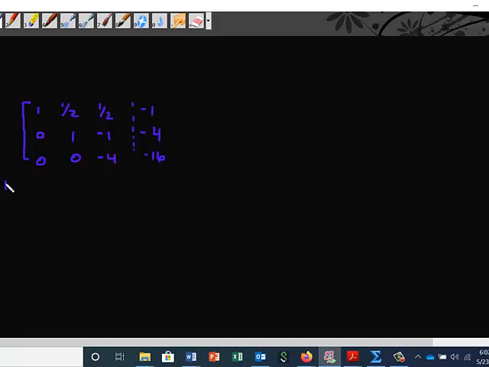So we said that we would divide row 3 by negative 4 to get the new row 3.